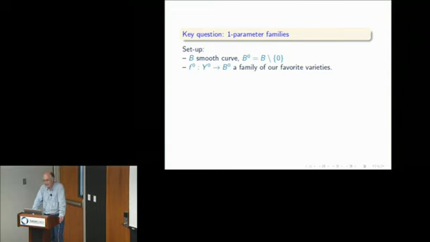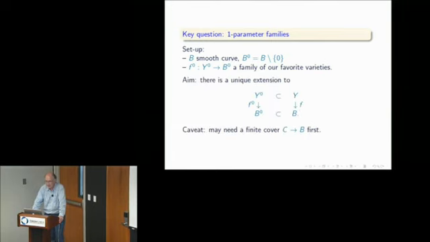And we assume that on this open set B0, there is a family of our favorite algebraic varieties. Then what we would like to do is to extend it to a nice family over B, and we hope to do it in a unique way.